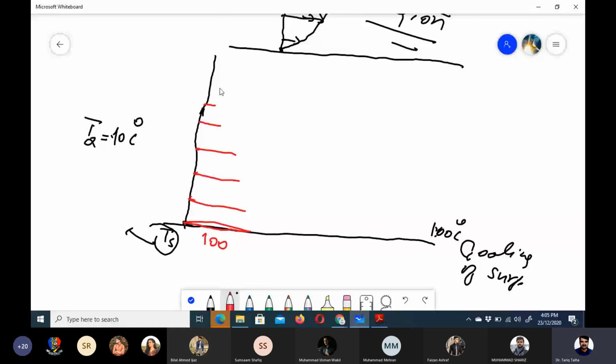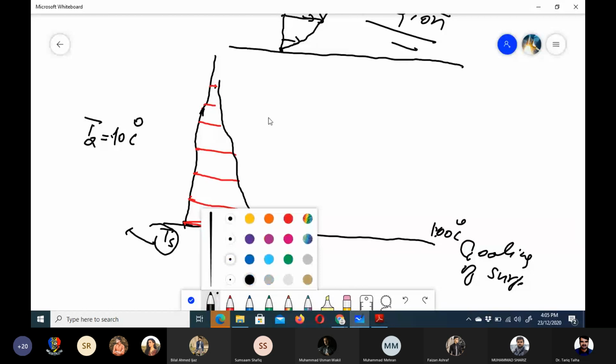So it could be something like this. Now you can see that this is the temperature profile.